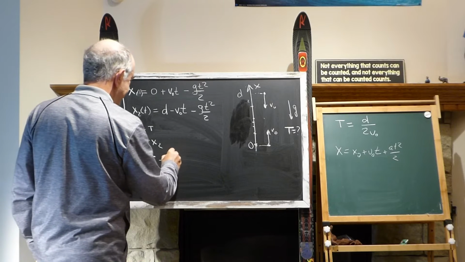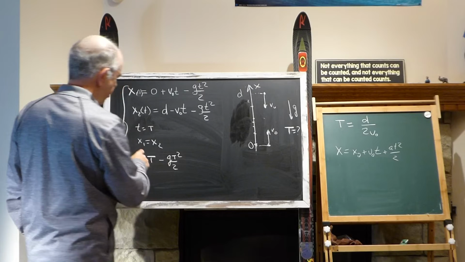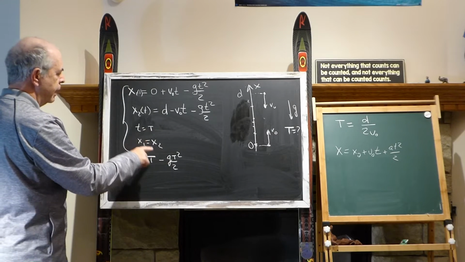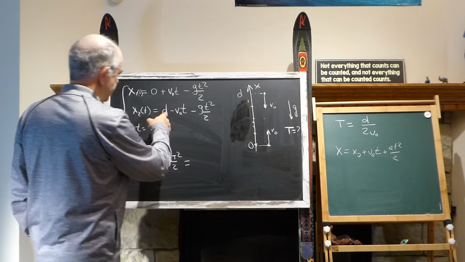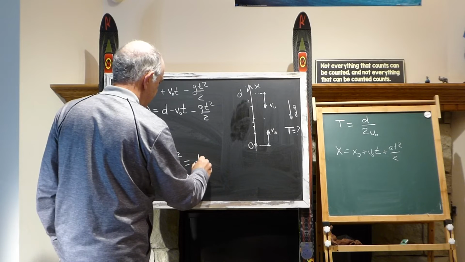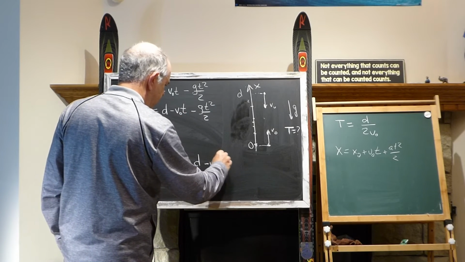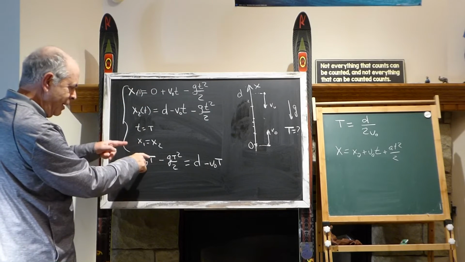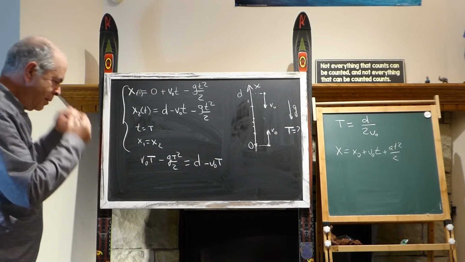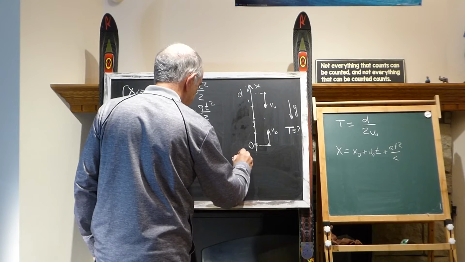So I do several things at once, so it requires attention, but hopefully we will do okay. v0t minus gt squared over 2 equals x2. x2 is equal d minus v0, and again, instead of t we type t capital, because this is only when t lowercase equals t uppercase, because this is the moment when they meet, and minus gt squared over 2.